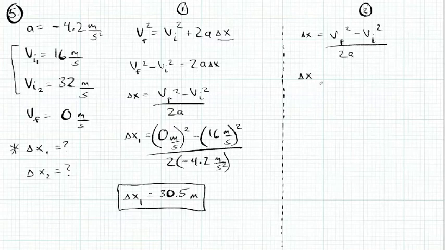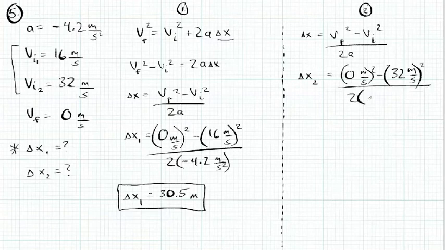So our change in displacement 2 is going to be 0 meters per second, the quantity squared, minus vi2, that's 32 meters per second, the quantity squared, all over 2 times the acceleration, that is, 2 times negative 4.2 meters per second squared. If we punch this into our calculator, we're going to find that our change in displacement 2 is going to be 122 meters.